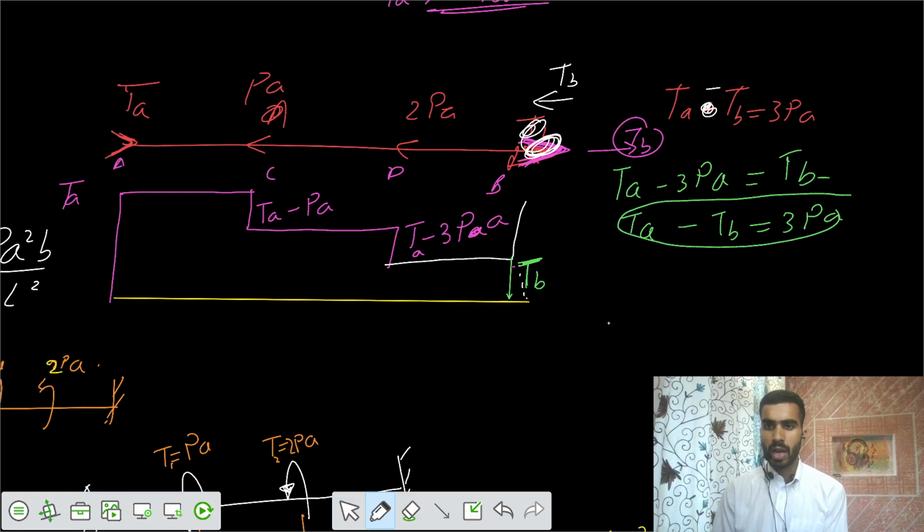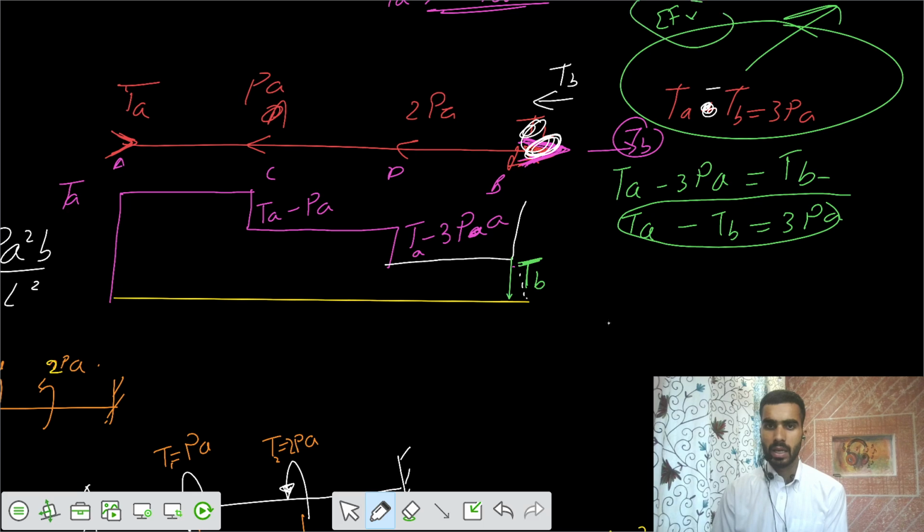That is the equation we have already got from the force equilibrium. I assumed initially that the direction of TB is in this direction, but from the diagram we have the BMD, and I said there is a chance that TB would be in the opposite direction. Then this is one possibility.